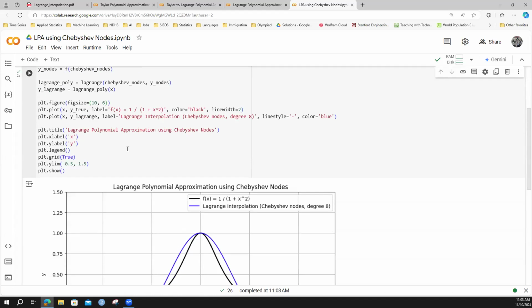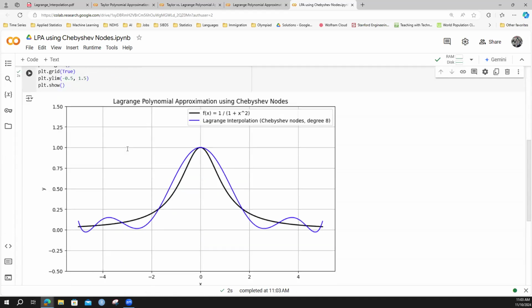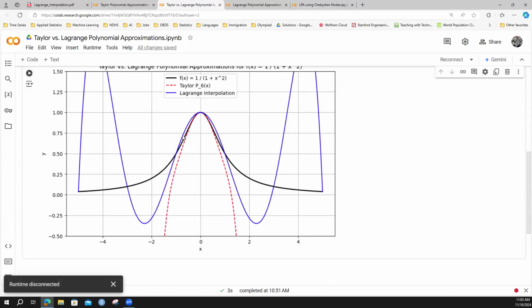See here. Before, your Lagrange polynomial, with this blue curve, was a little bit farther off. It was of course better than Taylor, but still, because of these equal distance nodes, -4, -2, 0, 2, 4, 6, it was not the better approximation.